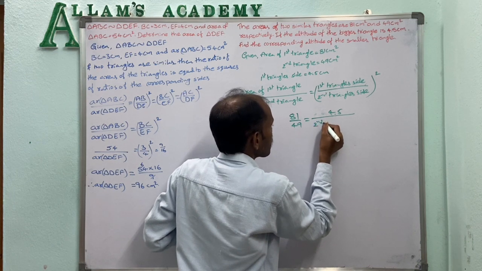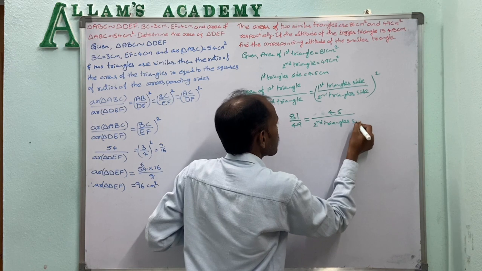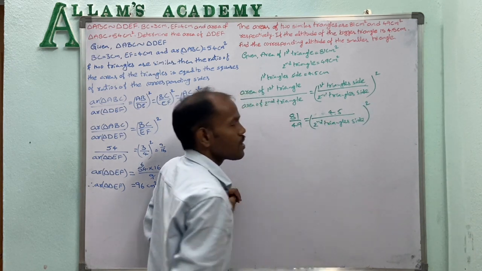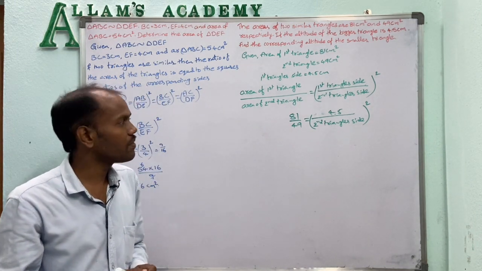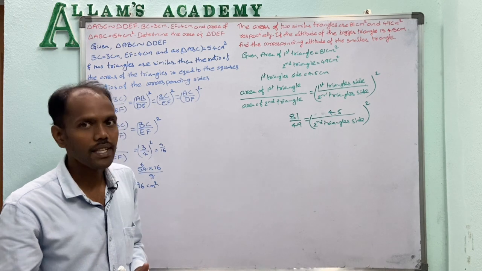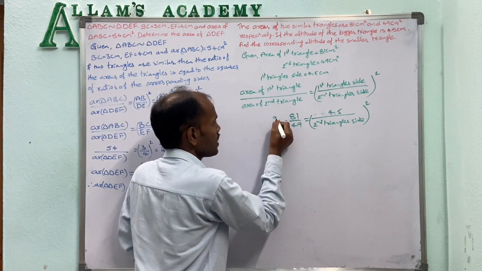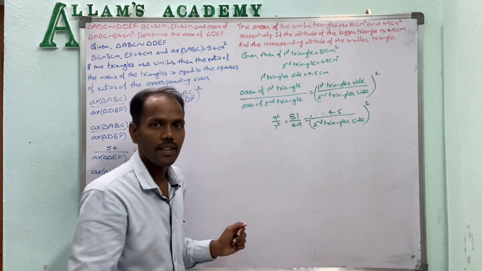So second triangle's side whole square. So here 81 by 49. 81 can be expressed as 9 square, 49 can be expressed as 7 square.